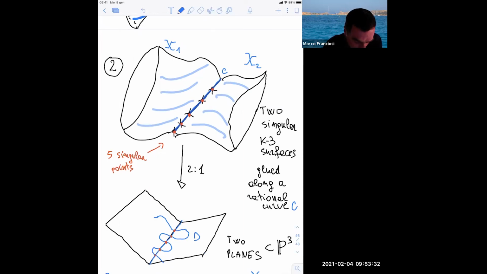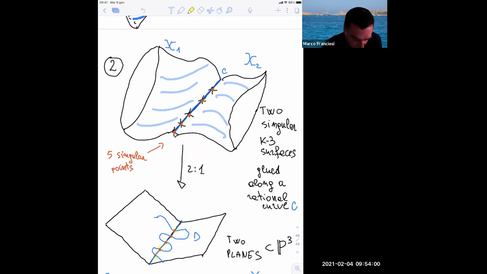And this map 2 to 1 is branched over D, which is a quintic section. We have these 5 points on the line. And such points here give us 5 singular points. So we have two different K3 surfaces with 5 singular points.